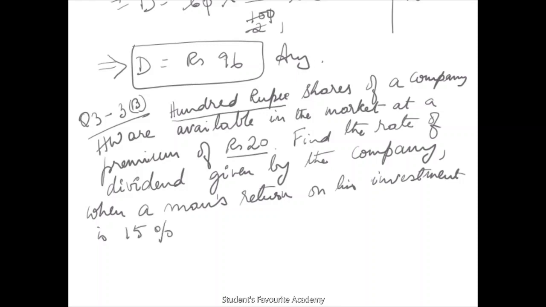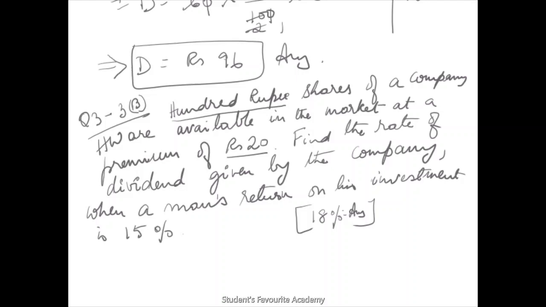So 15% is the return percent. You have to find out dividend percent. Okay. So do it as homework. The answer you are supposed to get is 18%. Okay.